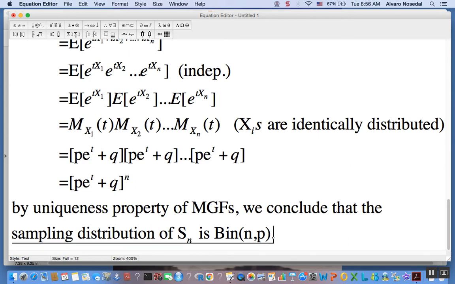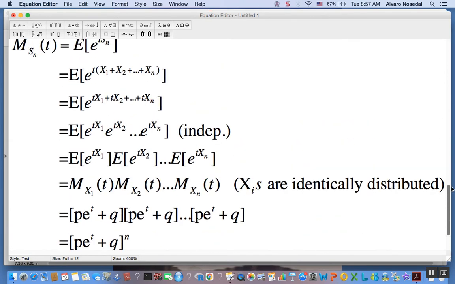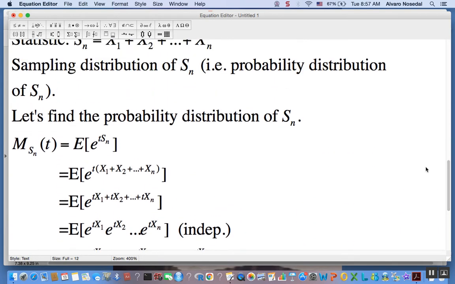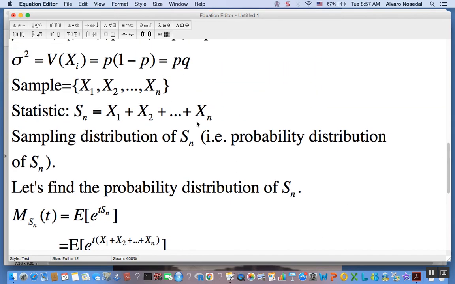That's it. So again, remember, sampling distribution is the same as probability distribution for a particular statistic of interest. So it's the probability distribution for a function of random variables. That's what we mean by the sampling distribution of Sn, the probability distribution of Sn. In this case, Sn, the statistic of interest, was a sum. Okay, great.